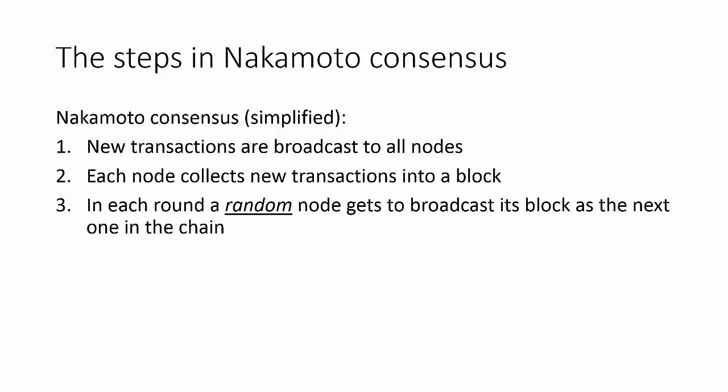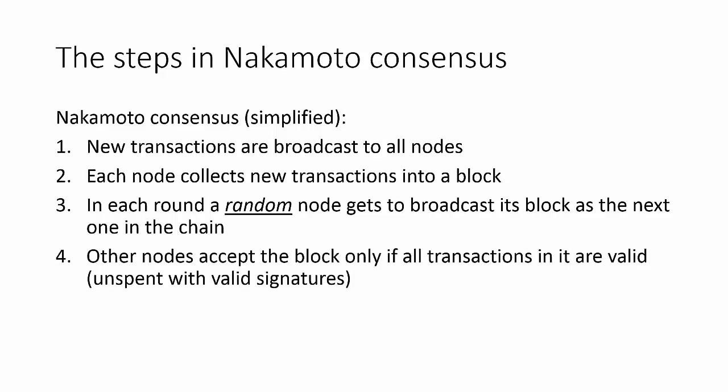In each round, which is essentially every 10 minutes, one random node gets to propose its new block as the next block in the chain and broadcast this to the network. 4. Other nodes check the block against the rules in their copy of the current blockchain and transaction set. For example, are all coins in the transactions in the block unspent, and are all signatures valid?